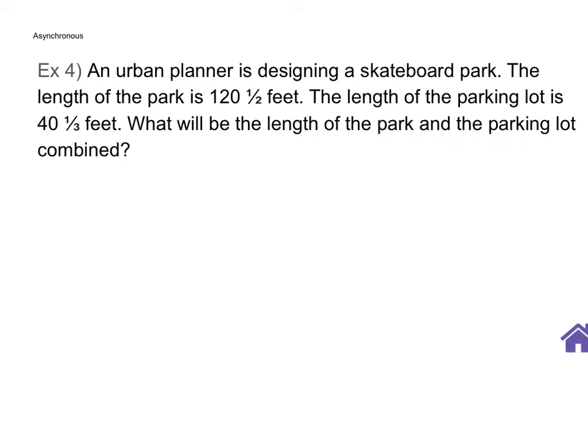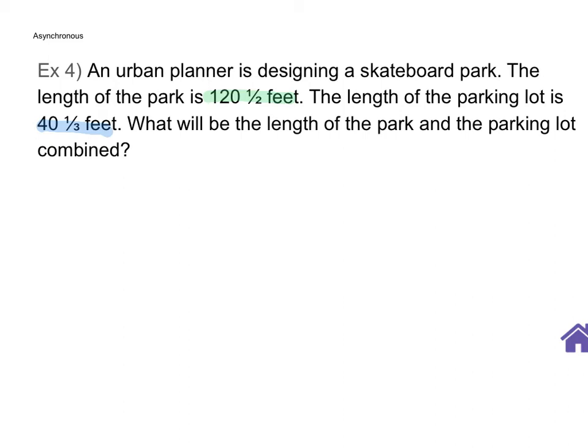So the first thing that we need to do is find important information and also what operation we need to use. So let's go ahead and highlight the important information. I know that the length of the park is 120.5 feet, and then the length of the parking lot is 40 1/3 foot.